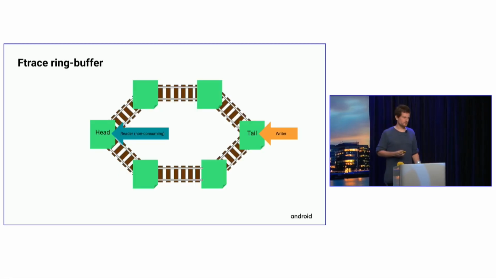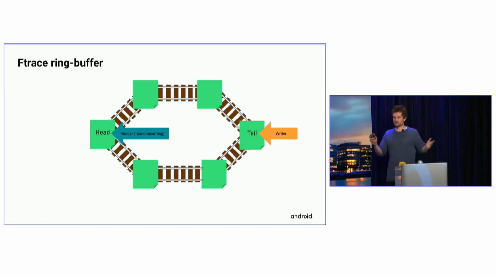Before we continue to how to trace in the hypervisor, here's a quick recap about how the Ftrace ring buffer works. Here's a simple ring buffer. I put rails between the pages for an analogy later, and also we love trains in the team, so that seemed appropriate.